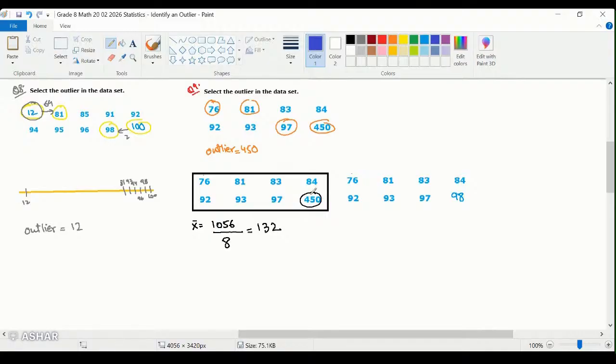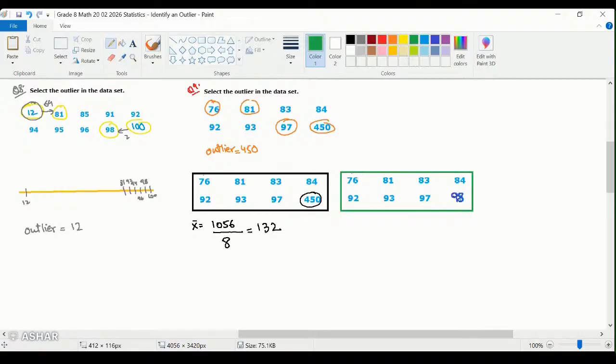What we did was we replaced the outlier by a regular number that is within the range, right? We're just trying to see what the impact is without the outlier, or by replacing the outlier.